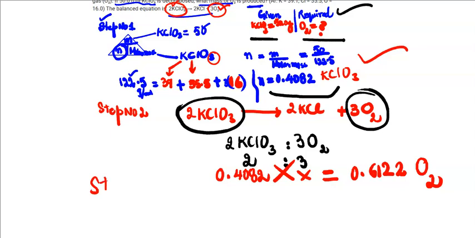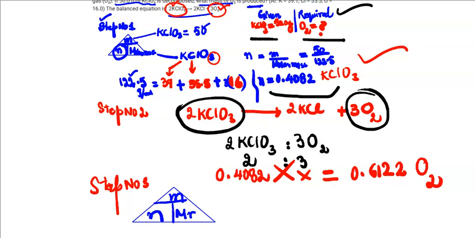Now step number 3. In step number 3, we just need to convert it into mass. Why? These are moles, and they are asking about the mass of oxygen. So to get the mass of oxygen, you will use the triangle method. That is, you just need to write it again: N, M, N into molar mass, right?